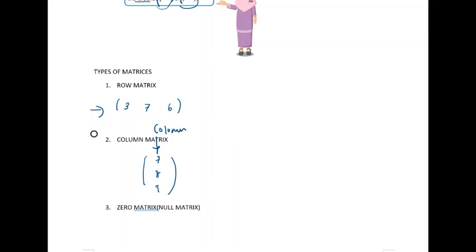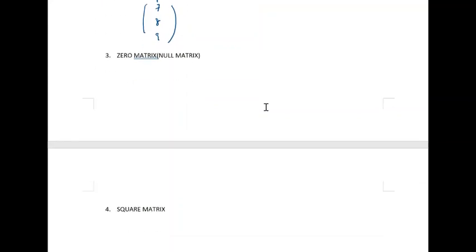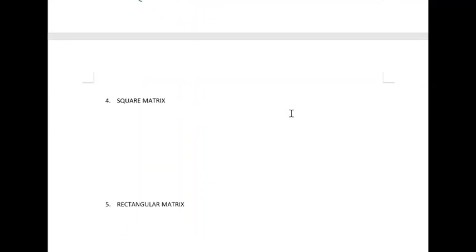Okay, what is zero matrix? Zero matrix 0, 0, 0, 0, 0, 0. All the elements are 0. Okay, square matrix. Example of square matrix 3, 2, 1, 0, 1, 2, 2, 2, 3.